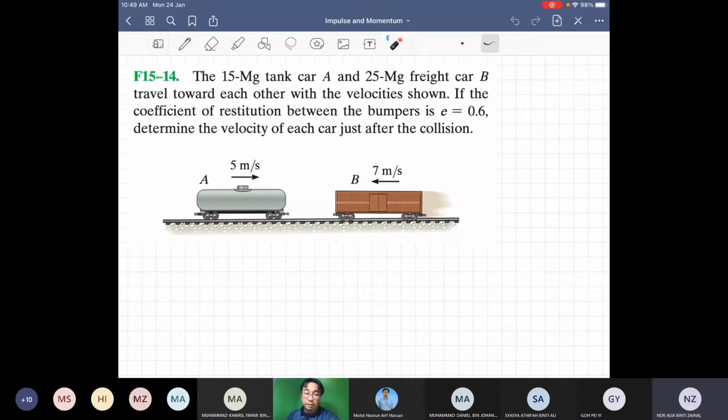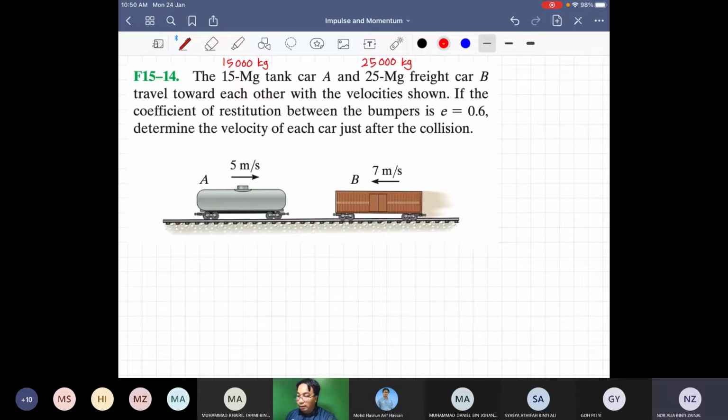So basically you have to multiply with 10 to the power of 3, so this will be 15,000 kg, tank car A, and 25 megagram, so this will be 25,000 kg, freight car B.